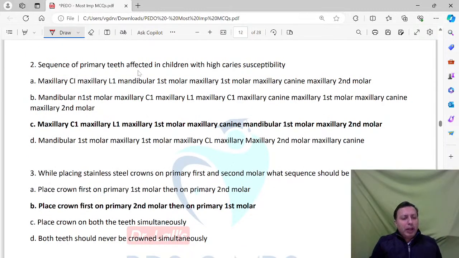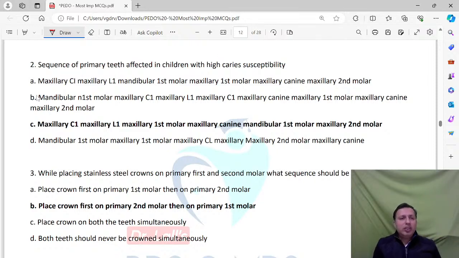Now, the sequence of primary teeth affected in children with a high caries susceptibility. If you remember the sequence that I have given you in the chapter of dental caries, where we talked about early childhood caries, and I told you which teeth are affected first.